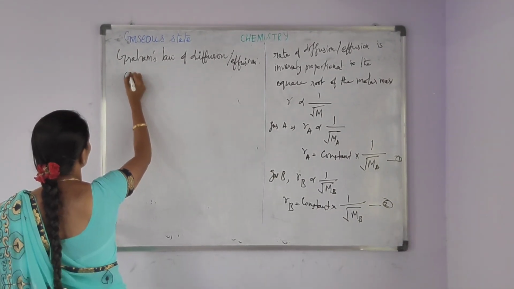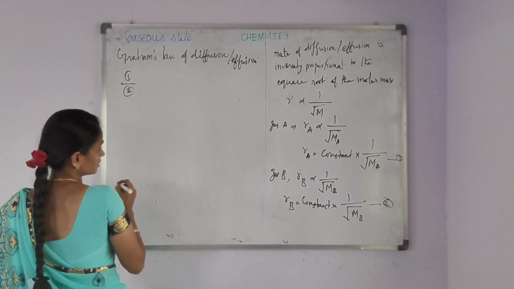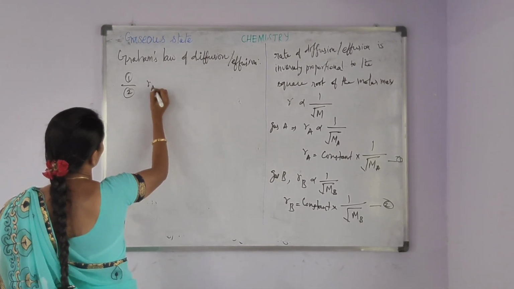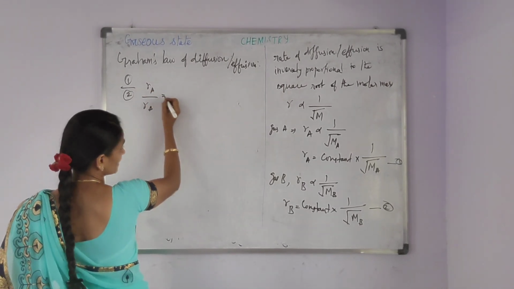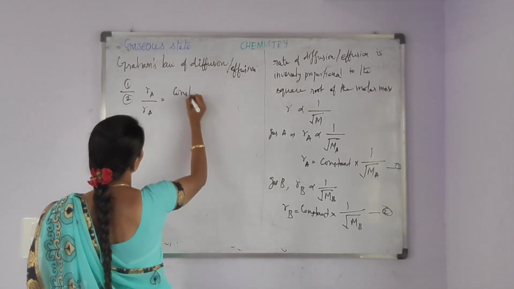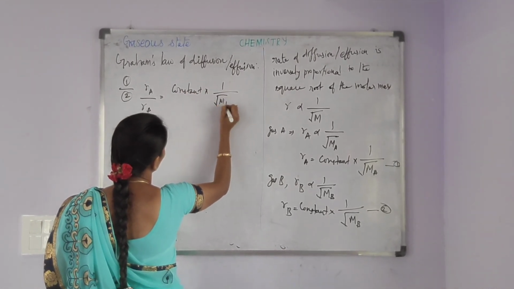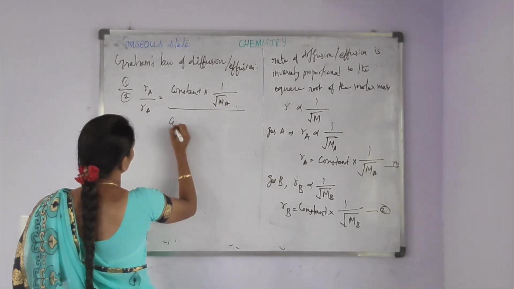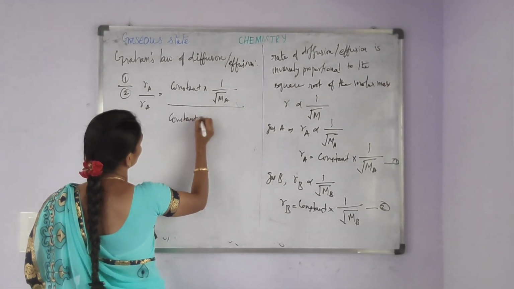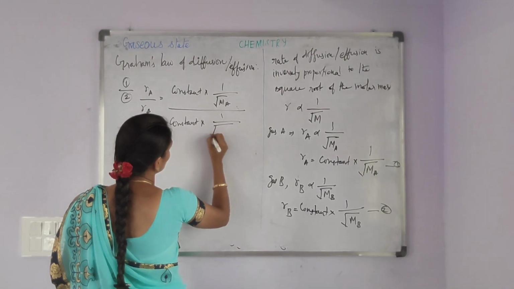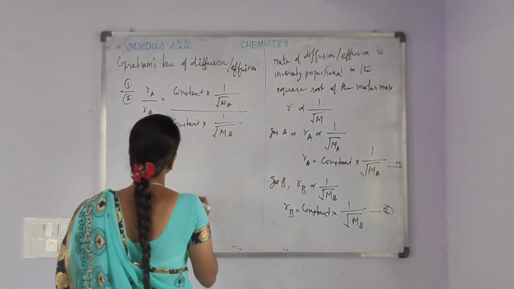Now equation 1 divided by equation 2: Ra divided by Rb is equal to constant into 1 divided by square root of Ma, divided by constant into 1 divided by square root of Mb.